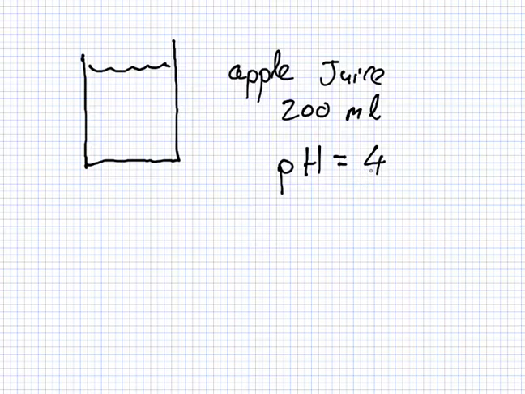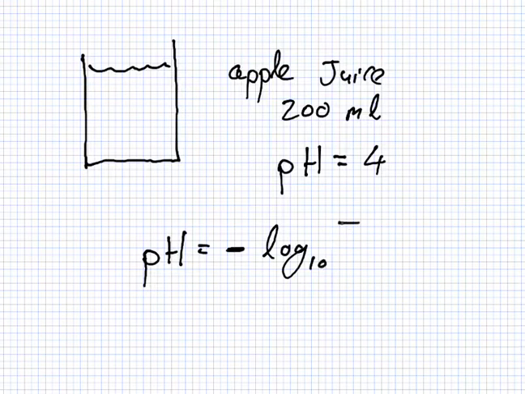I'll tell you. The formula for pH is minus log base 10 the concentration of positive hydrogen. Okay.